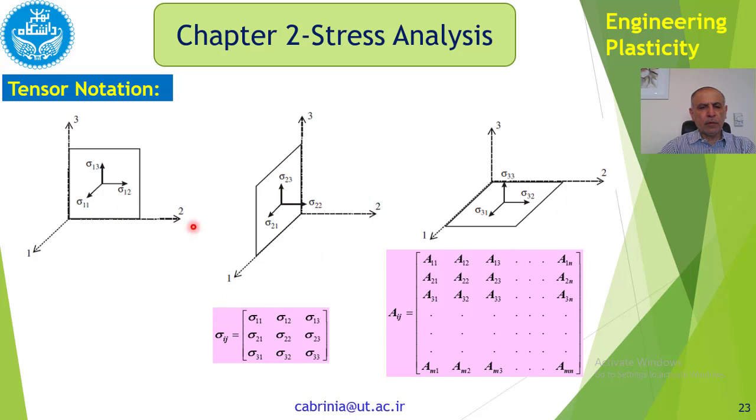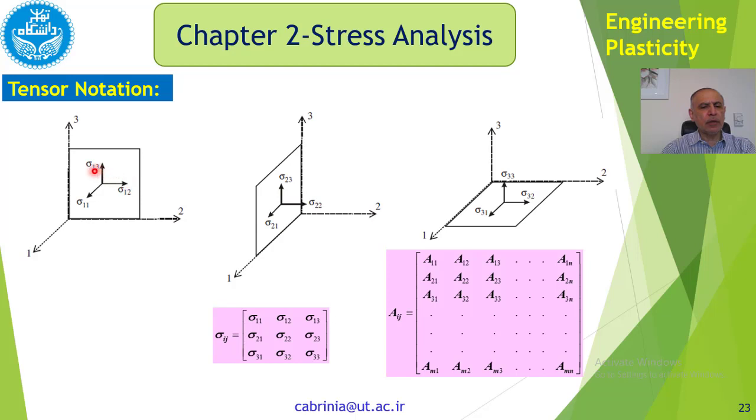As we discovered, stress has many components. As you can see here, we have 3 axes, and each of these axes are named 1, 2, and 3. Therefore, this is the plane of 2, 3. In the plane of 2, 3, we have 3 components of stresses. 2 of them are in the plane, sigma 1, 3 and sigma 1, 2.